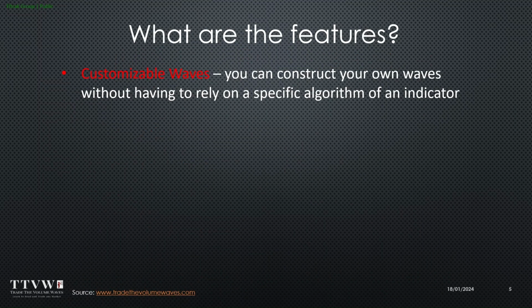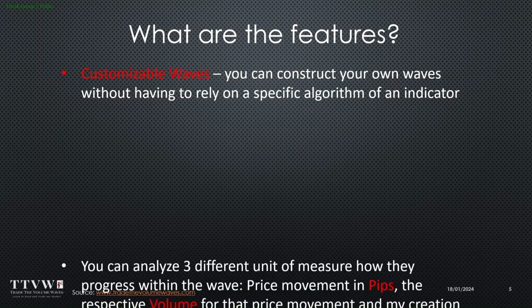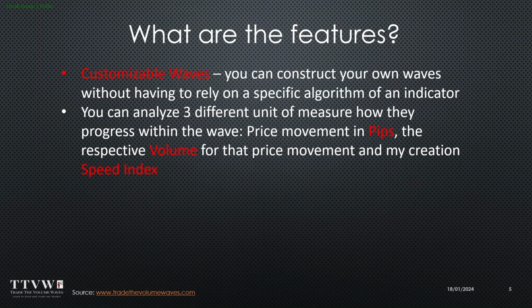So the first feature is that you can construct your own waves without having to rely on any specific algorithm of an indicator. So you can place the lines anywhere you like. Okay. The second feature is that you can analyze 3 different units of measure.